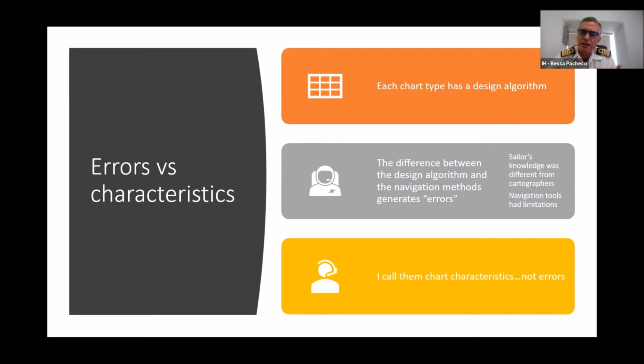It's not the only cause, I would say. It's also the limitations that the nautical instruments had at each time, which were not really able to fit all the requirements of a nautical chart to be precise on the positioning. So I call these kinds of errors just the characteristics of the chart.